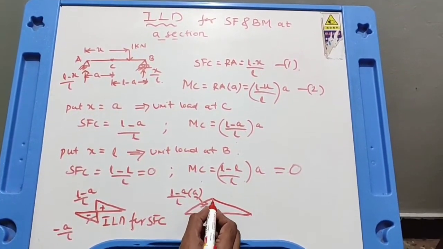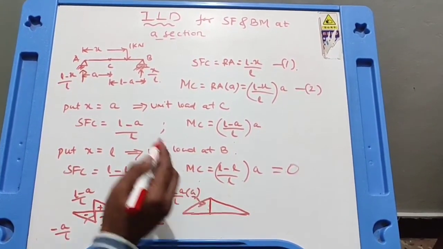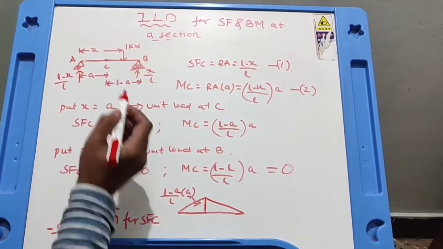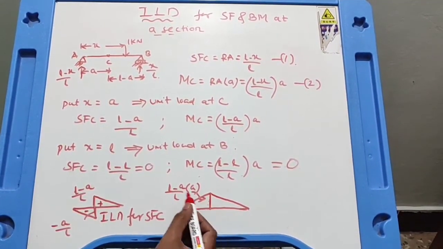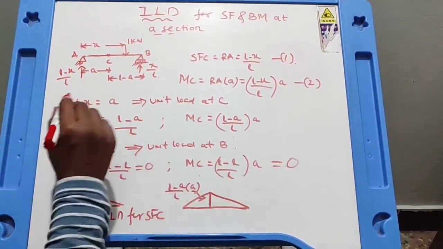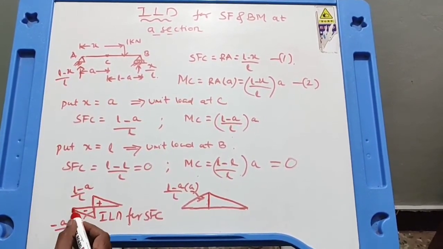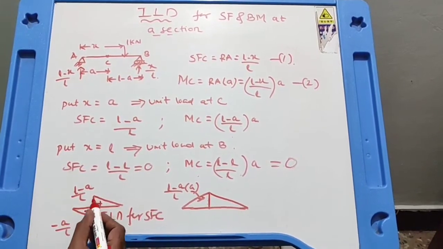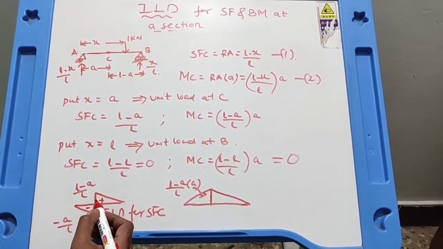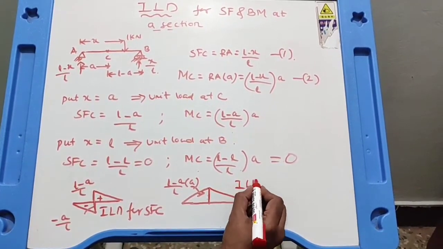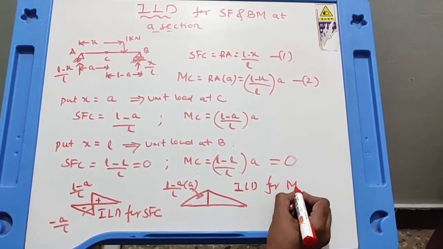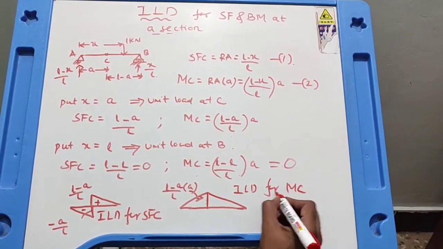So this value is common. That means in the zone AC and in the zone CB, when the unit load occupies C, the bending moment at C is (L minus a) upon L into a in both zones. But for the influence line diagram for shear force, the value changes: minus a upon L and plus (L minus a) upon L. So this is the influence line diagram for bending moment at C.